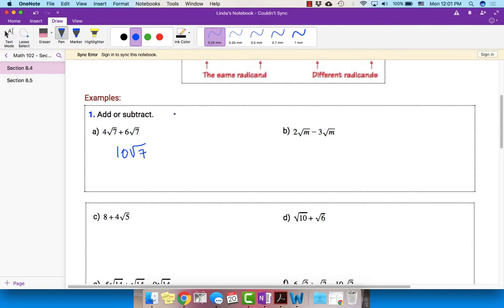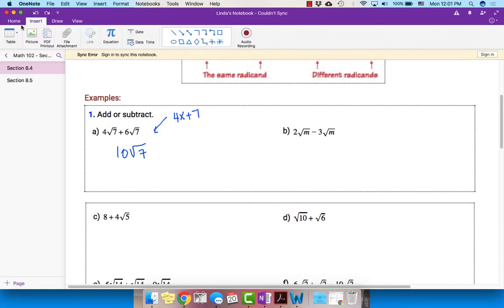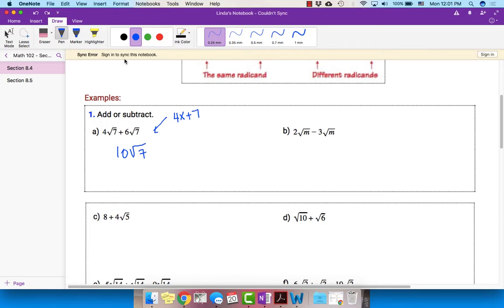If you think about polynomials, you remember that 4s plus 6s is equal to 10s. You carry the s over, you carry the like term over. In the same manner, you're going to do the same thing for the radicals as well.